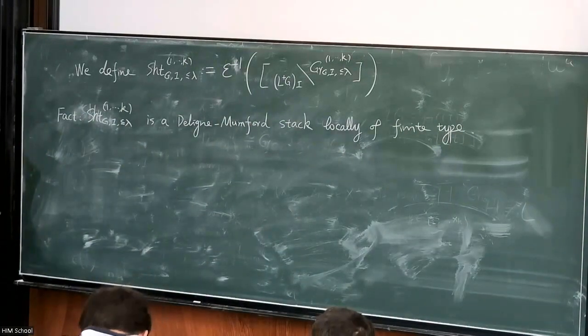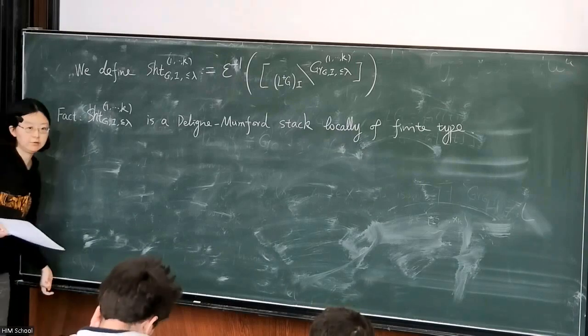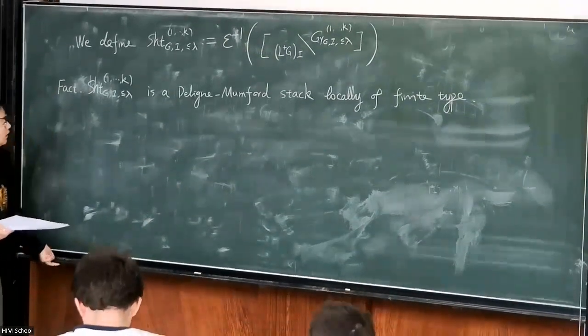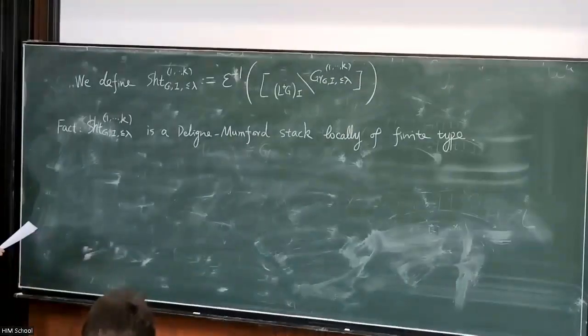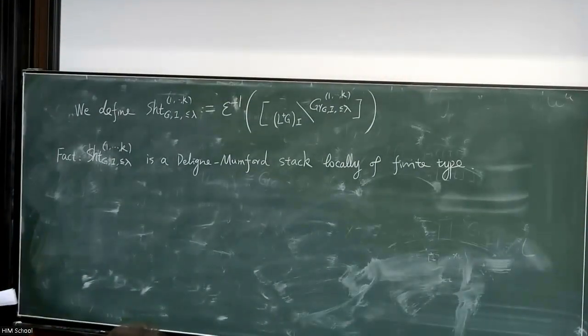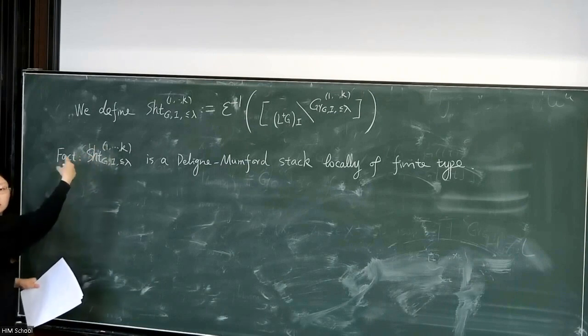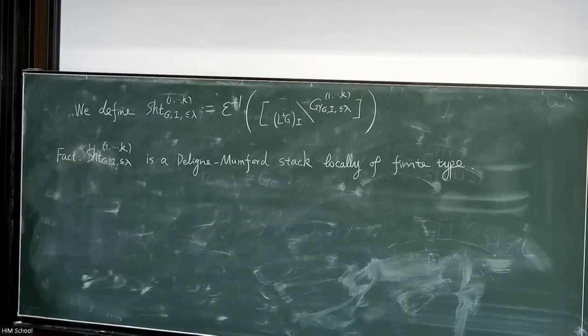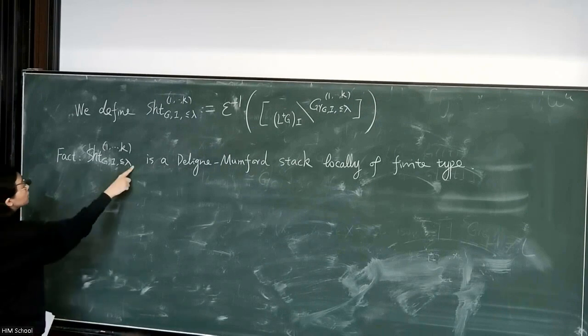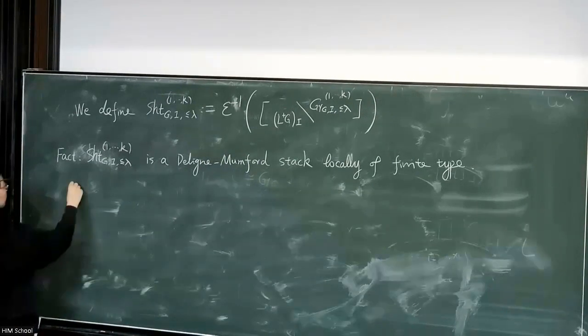So now this is a linear Deligne-Mumford algebraic stack locally of finite type. You can do everything with another decoration. You can consider the not iterated Shtukas and define similar things. And usually it is not smooth.